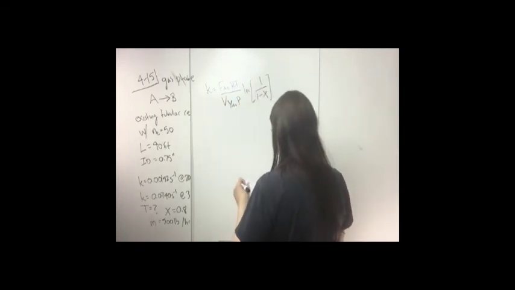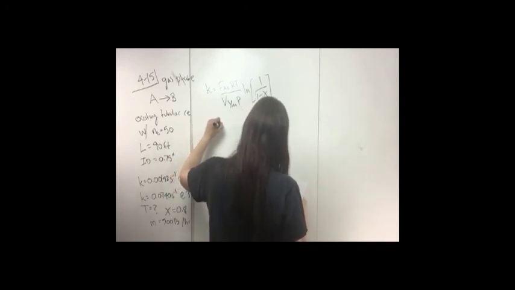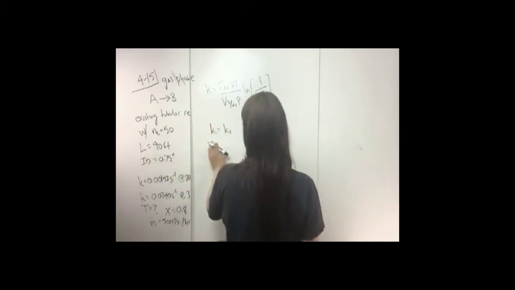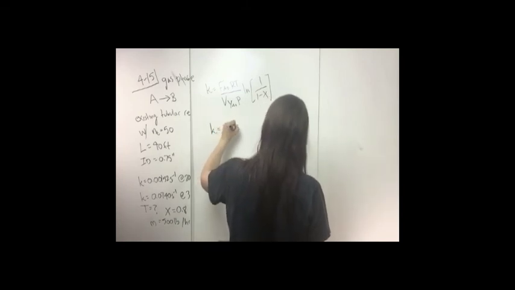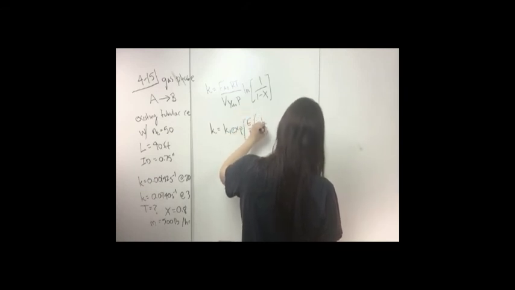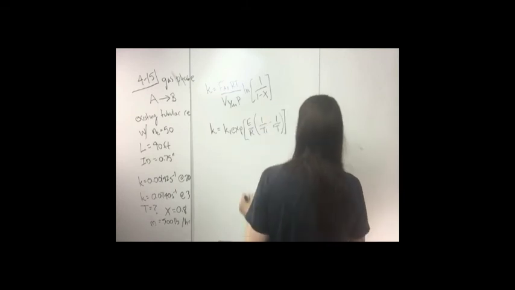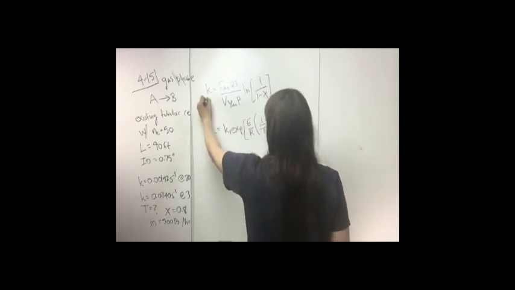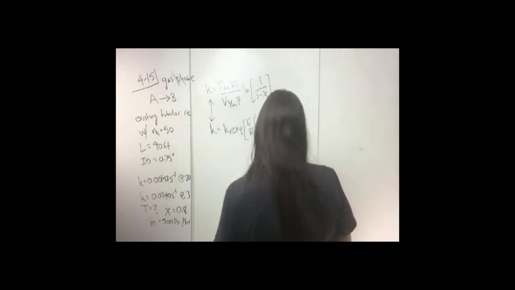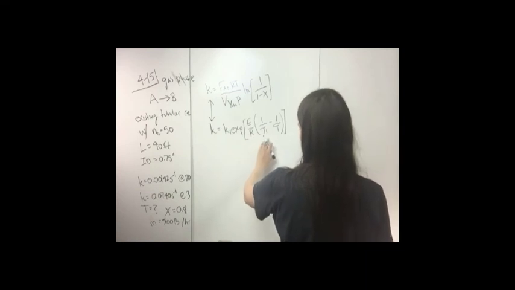And then we know that k is also equal to k1 multiplied by the exponent of E over R times (1 over T1 minus 1 over T). And so then we can just set these equal, and once we set these equal, we can solve for T.